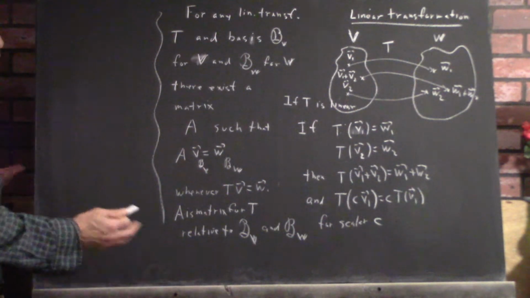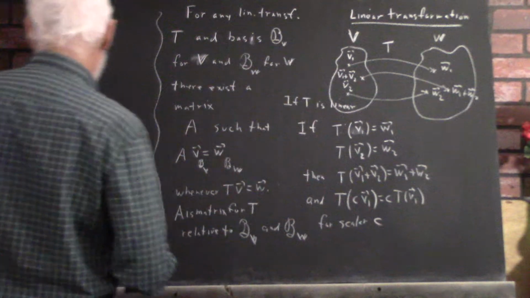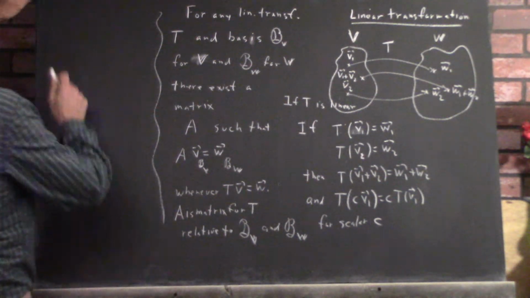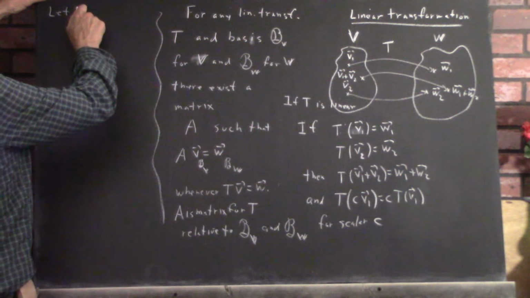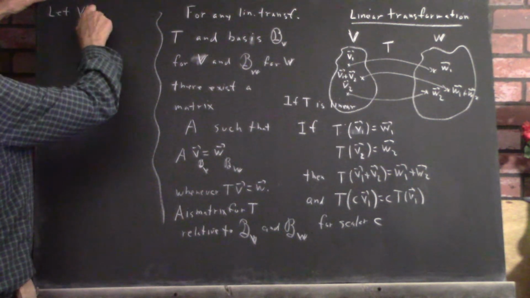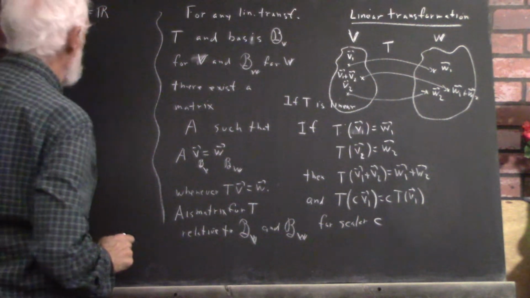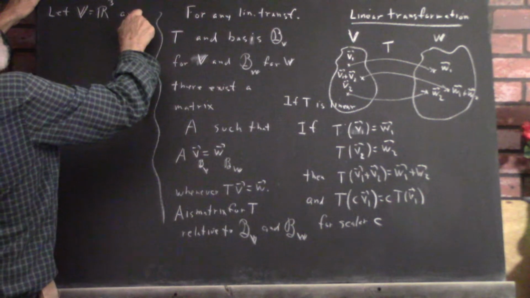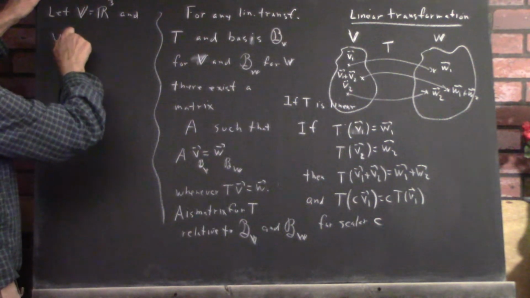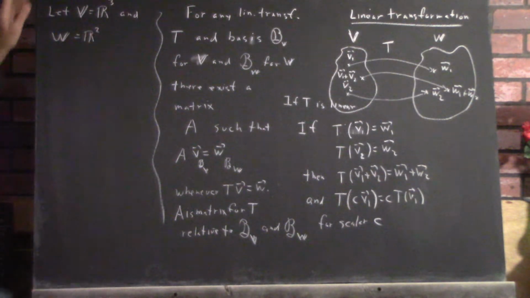Okay, I'm just going to give you now an example of a linear transformation defined by a matrix. Let V equal R3 and W equal R2.